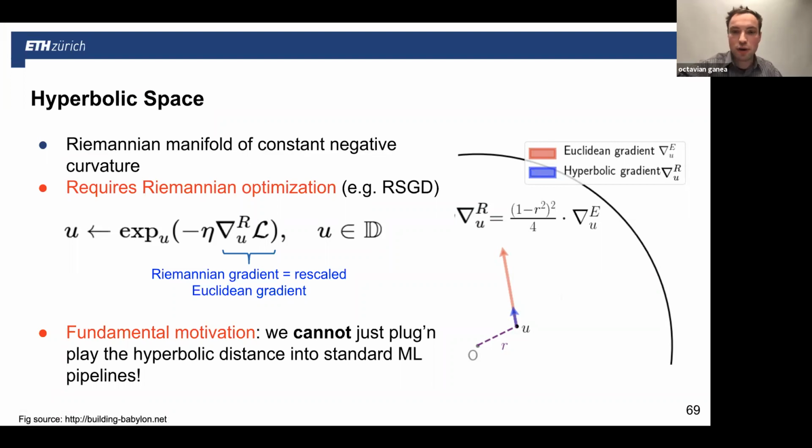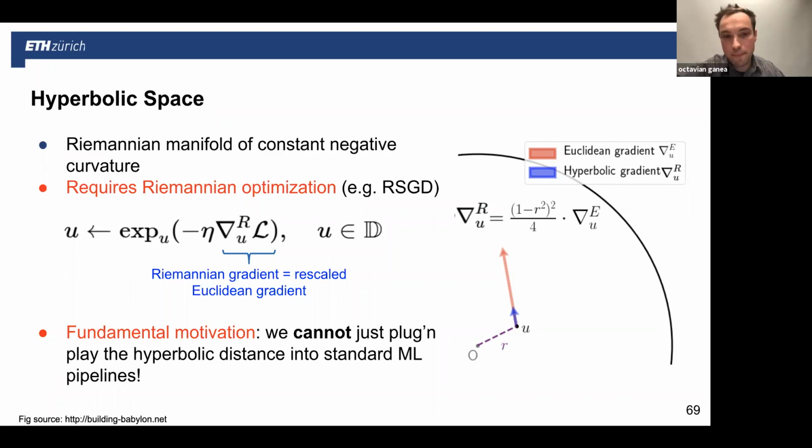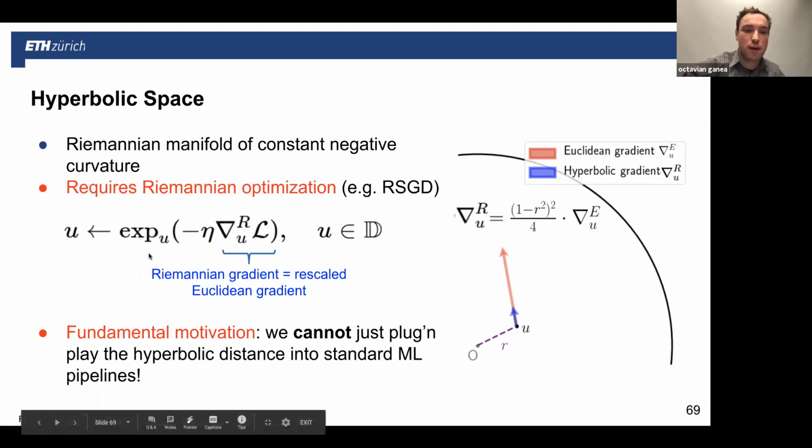Here it depends on the current iterate, the current point u. So I'm not really sure you can do that. No, you're absolutely right. I'm not sure you can do it, but I'm also not 100% sure it's impossible. But anyway, you also have this exponential map on top of it, so it gets a bit complicated.